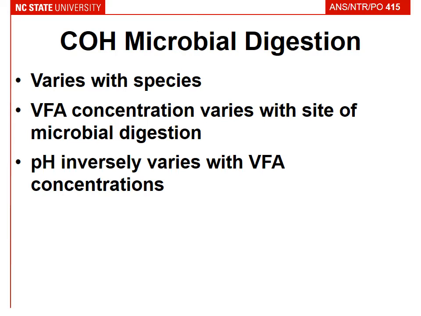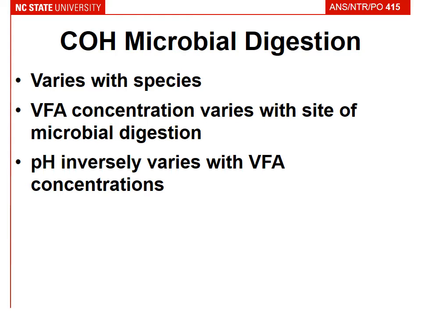A lot of that depends on what the animal is fed. Similarly, especially if we're talking about ruminants, if you take a grass-fed beef cow compared to a feedlot finished steer, we're going to have different species of microbes found within the gut based off of the carbohydrate that the animal was eating.